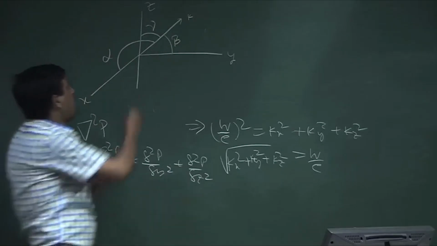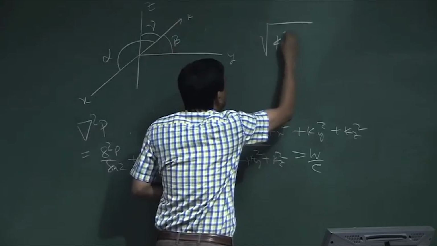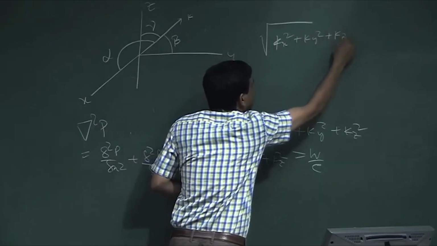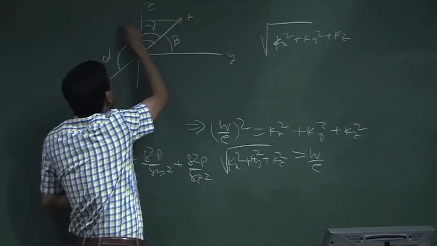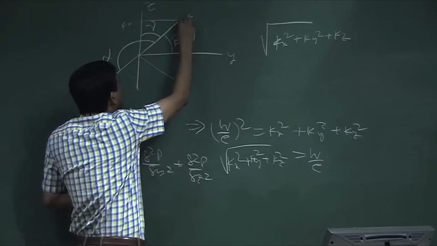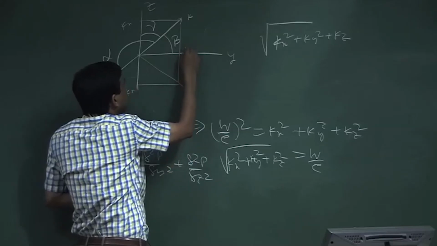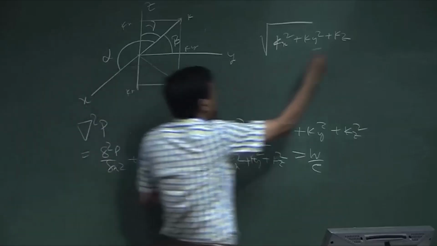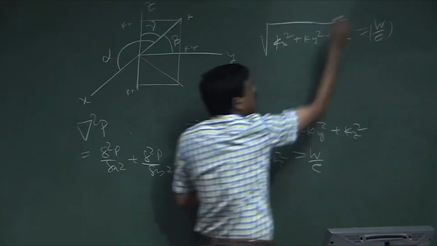So what is the amplitude of k? Amplitude is nothing but the root of kx square plus ky square plus kz square. Distance from the z axis is kz. If I take a projection here, the distance from this point here is kx and here is ky. So the amplitude is nothing but omega by c, which we have already proved.